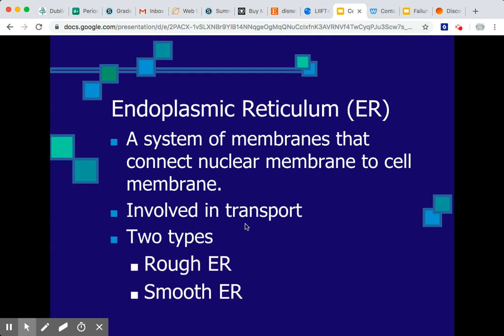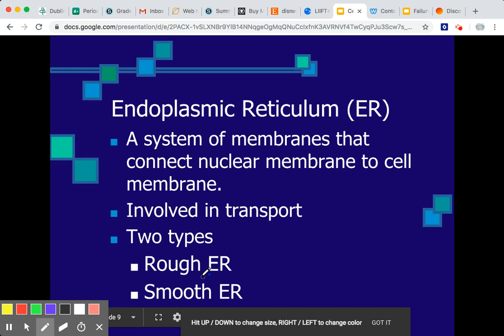I already mentioned that there's two types. The rough endoplasmic reticulum has ribosomes, and the smooth endoplasmic reticulum does not. Please note, and we'll look at this in the next two slides, that these do have different jobs.